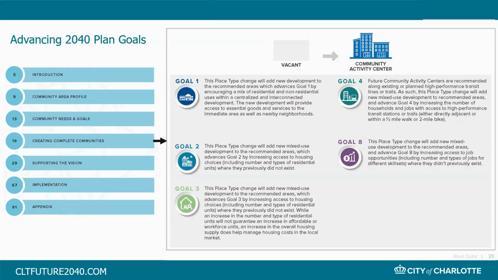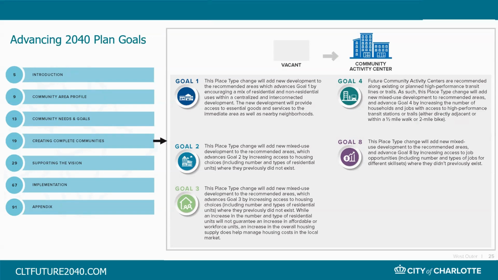For example, a place type change from vacant to community activity center will add new development to the recommended areas, which advances Goal 1, 10-minute neighborhoods, by encouraging a mixture of residential and non-residential uses within a centralized and interconnected development.